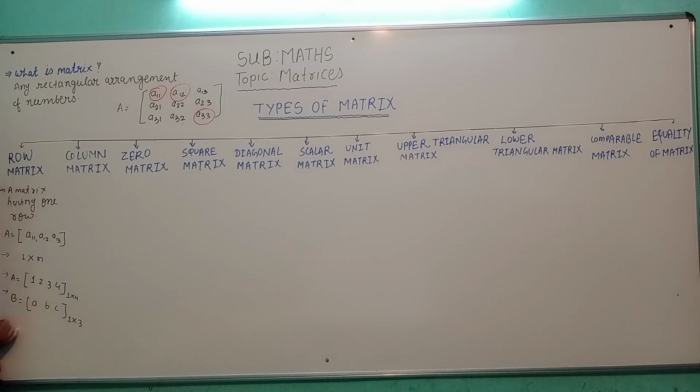Similarly, we can consider another example. C, P, Q. So the dimension of this matrix is 1 cross 2.